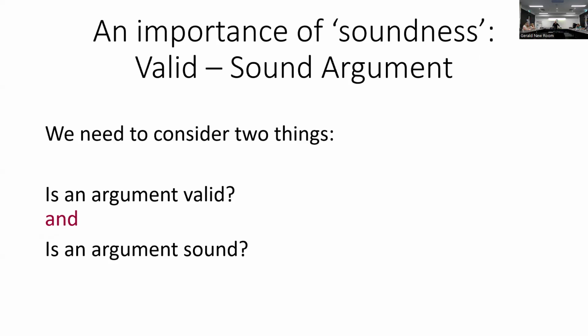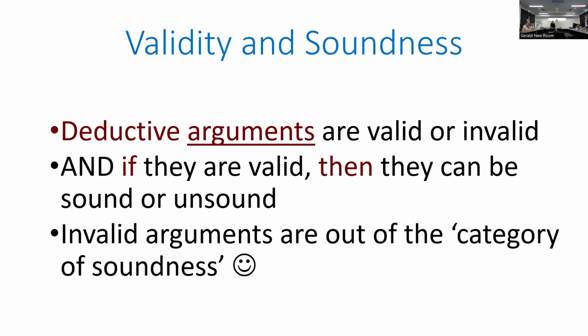So we need to see valid and sound. Deductive arguments are valid or invalid. If they are valid, they can be sound or unsound. If they are not valid, goodbye, brother. You are not considering it whatsoever.